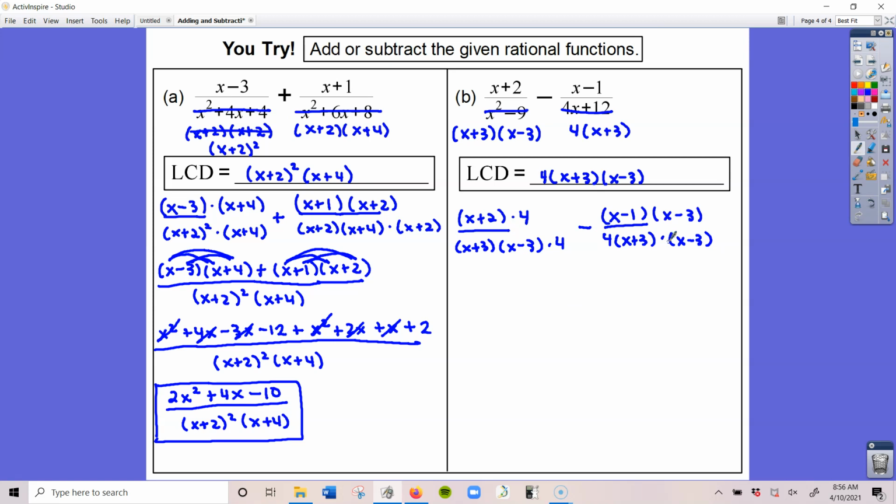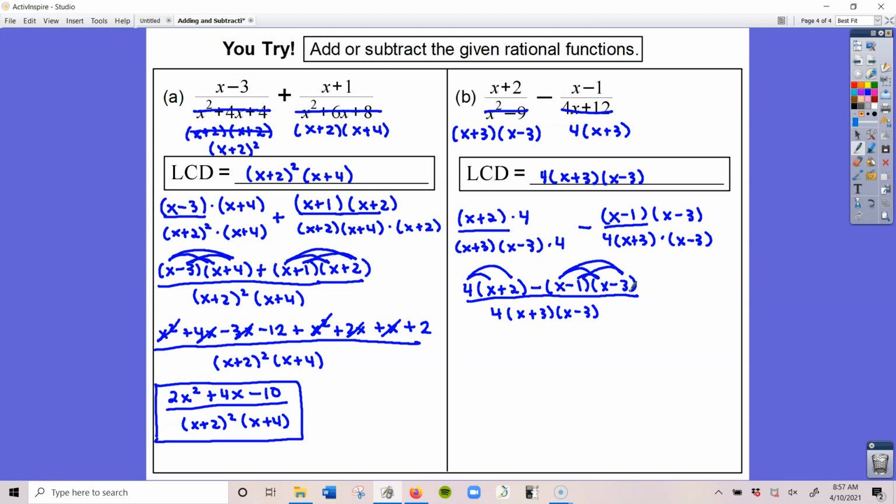Now we're ready to write this as one fraction. In this numerator, we have the 4 times x plus 2 minus x minus 1 times x minus 3. And everything is over the LCD. So 4 times x plus 3 times x minus 3. Now we're going to distribute everything. Keep in mind here that this is a subtraction problem.